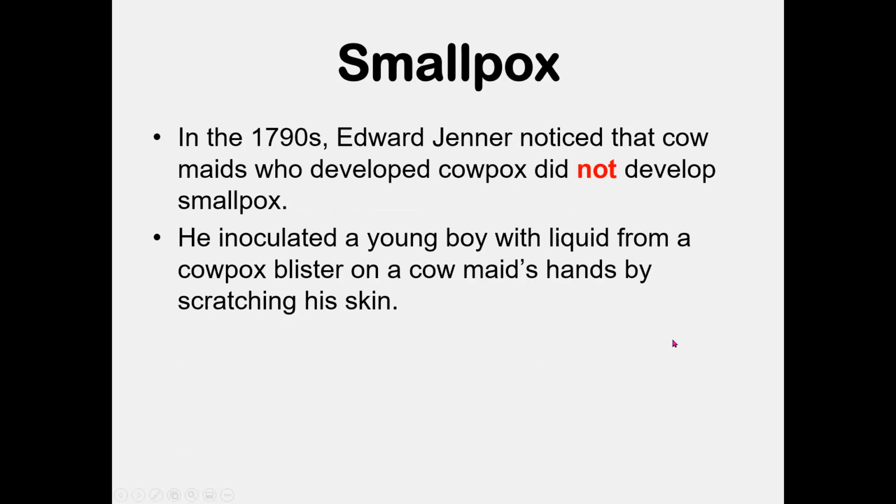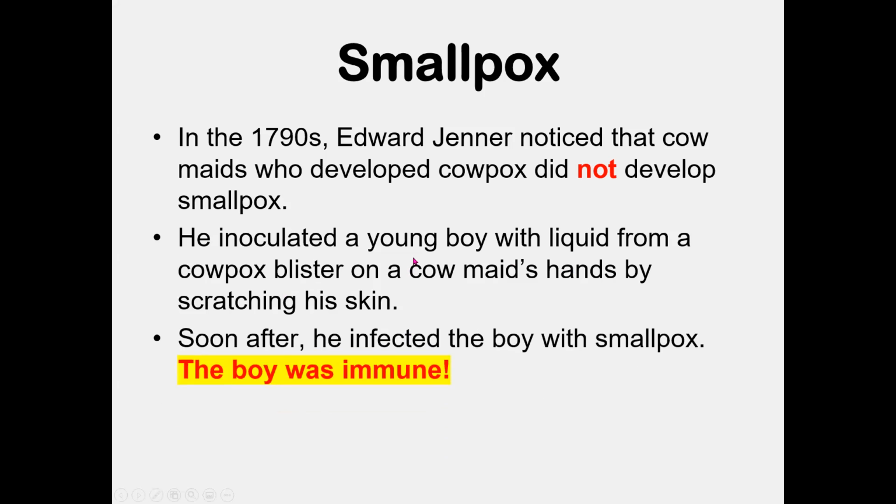And so he got permission of some people, a couple with a young boy, to experiment on him. So he got some liquid from the hands of the cow maids, and he inoculated, if you like, the boy with this material from the cowpox, from the cow maids rather.